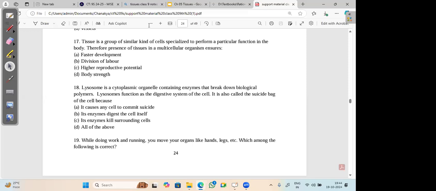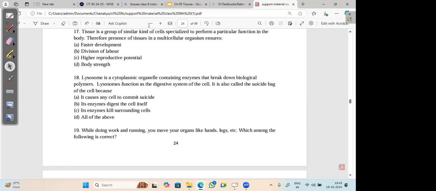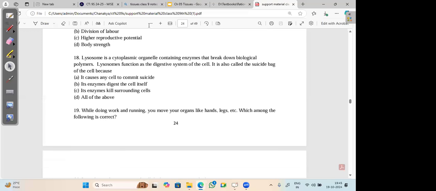Because they digest the waste cells. So I think it's option B. Lysosomes function as the digestive system of the cell. It is also called the suicide bag. It causes any cell to commit suicide. Its enzymes digest the cell itself. It's option B, right?